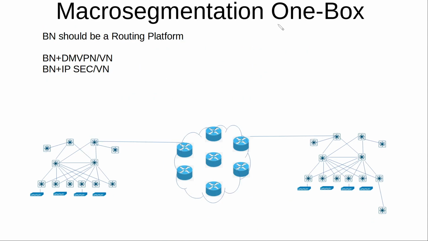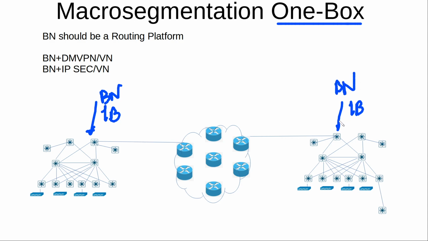So with the one-box approach, I am going to use only one box here, which is my border node, and one box here, which is my border node, and this means that I'm going to have to work a lot with my border nodes. I will have to configure my border nodes heavily in order to have this approach. The border node is going to do almost everything, and I will need to have a routing platform for my border node.